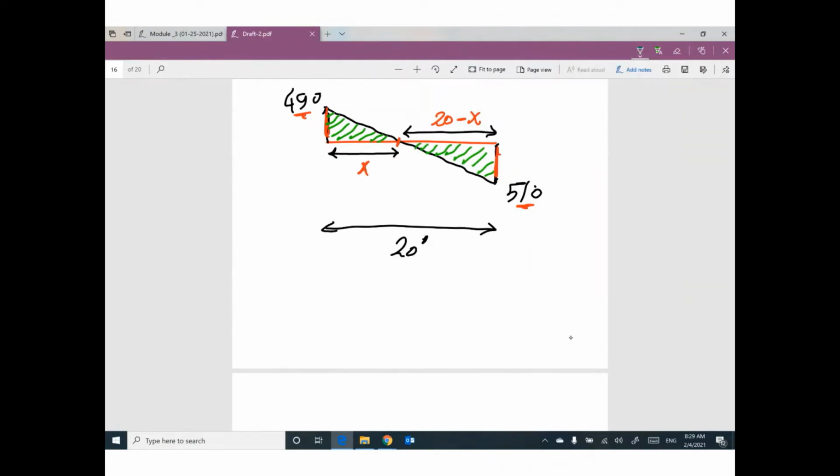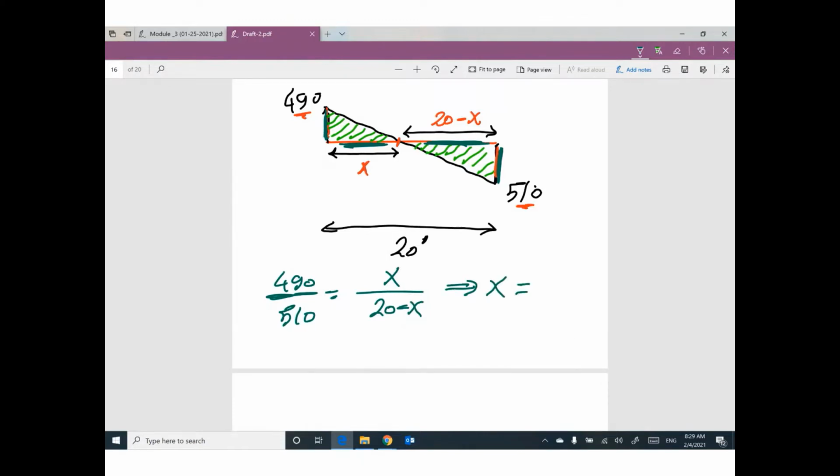So 490, which is this height, divided by the similar one, 510, equals this distance x, divided by this similar distance, 20 minus x. We have one unknown variable, which is x.